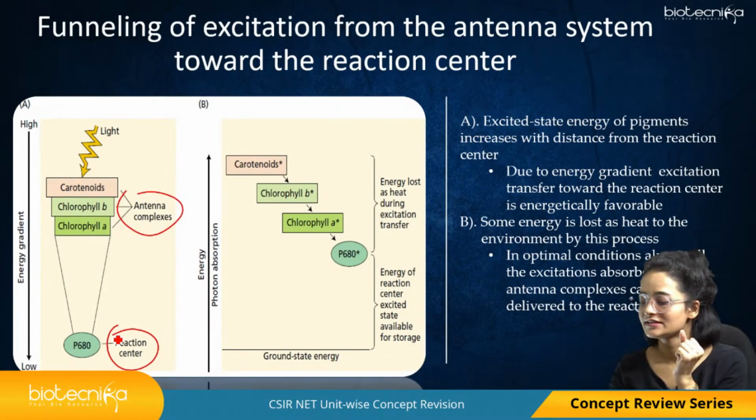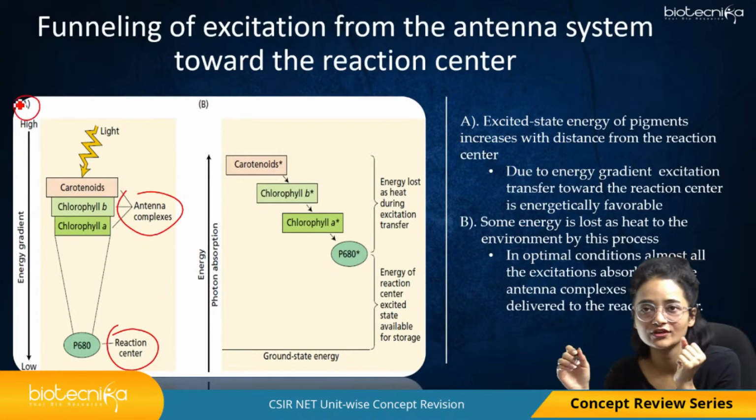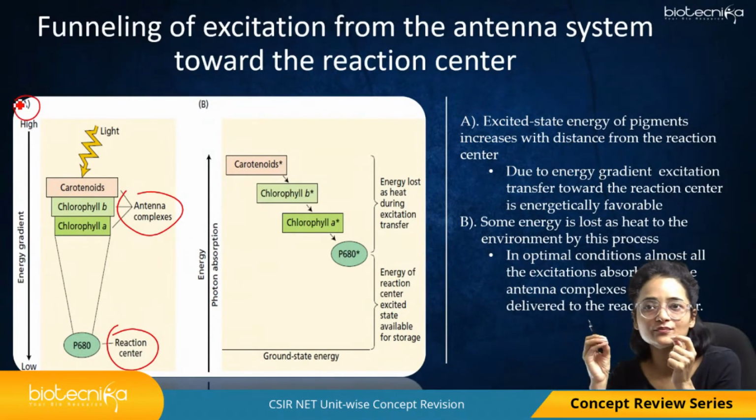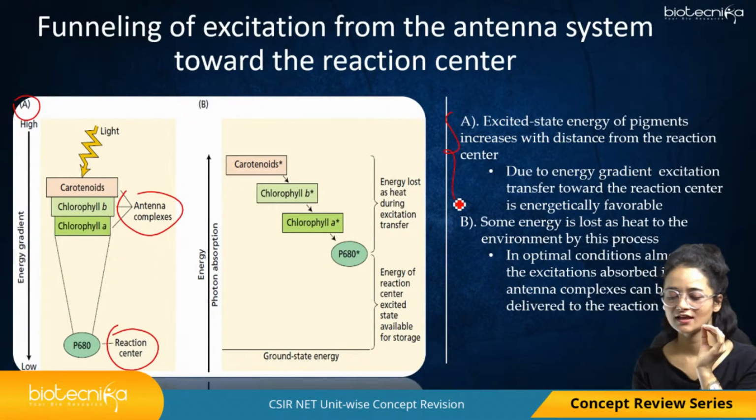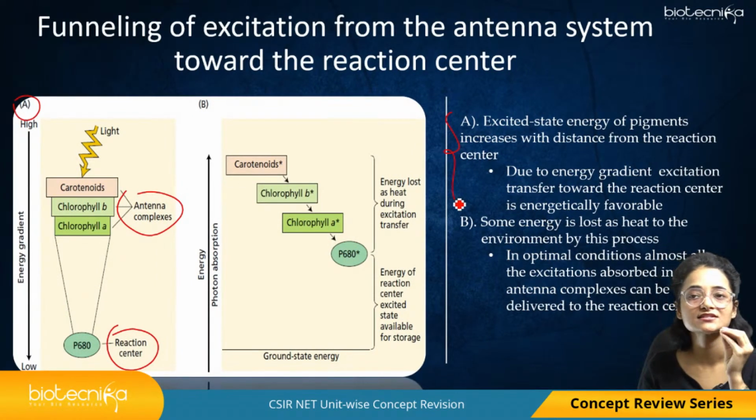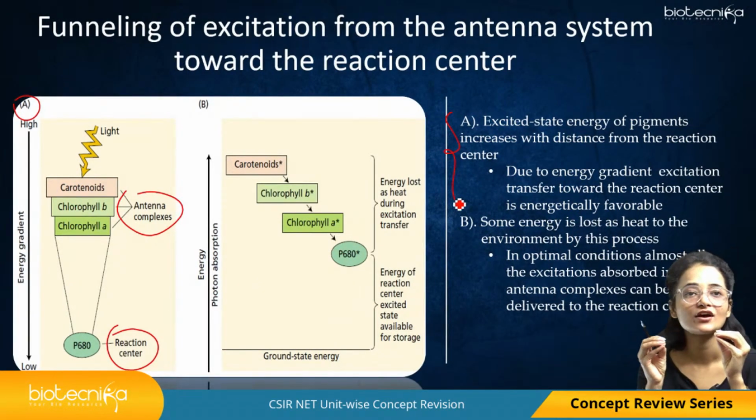Now it is saying the excitation, how the energy gradient is formed here. It says that the excited state energy of the pigments increases with the distance from the reaction center, which means that those pigments which are present near to the reaction center will have a low amount of energy, right?